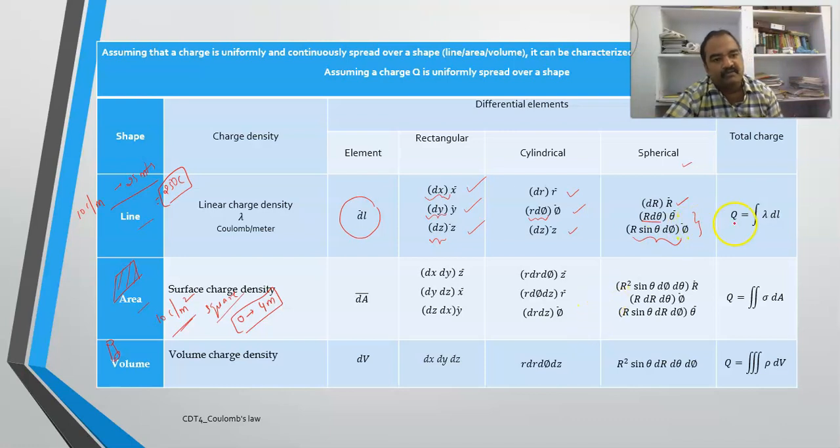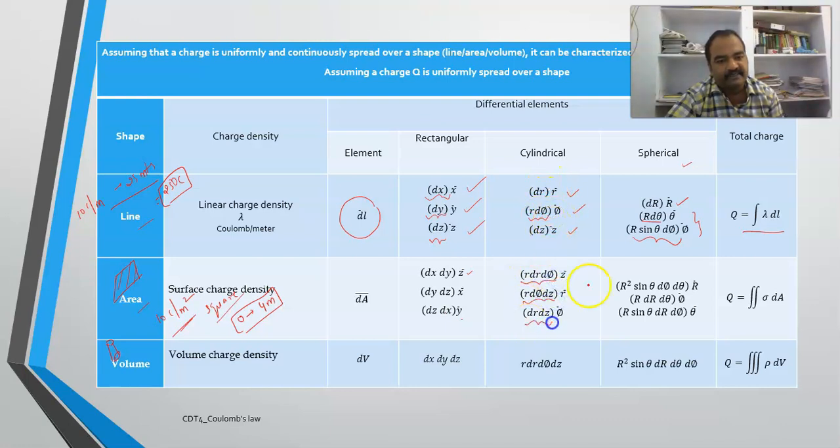Now the charge will be computed with this formula. This is for surface charge. If it is in the z direction, I will be counting dx and dy. If it is in the x direction, dy dz. If it is in the y direction, dz dx. Similarly, in cylindrical, if it is the z direction, I will take r dr into r d phi.